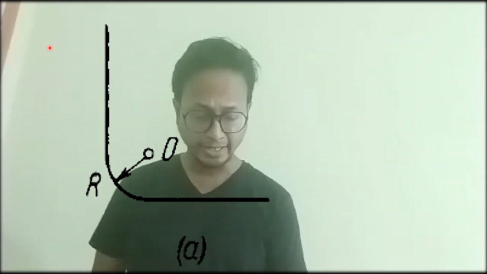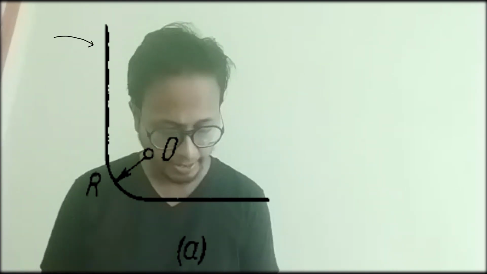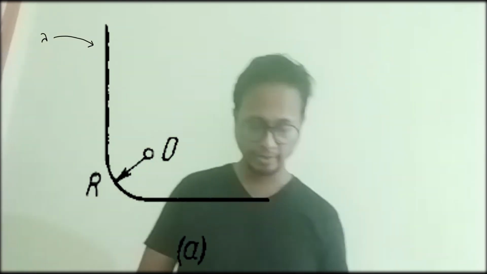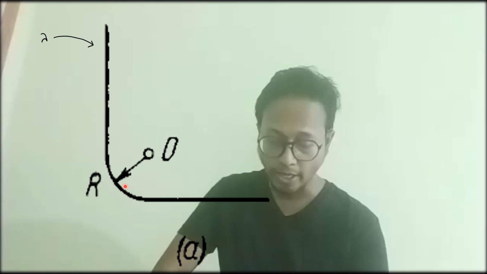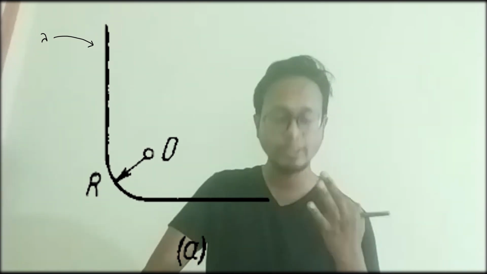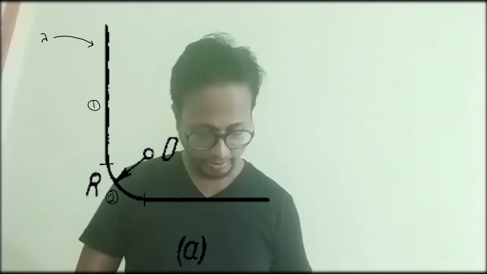Now this wire, the linear charge density is given as lambda. This entire wire can be divided into three parts: the first part, the second part, and the third part.